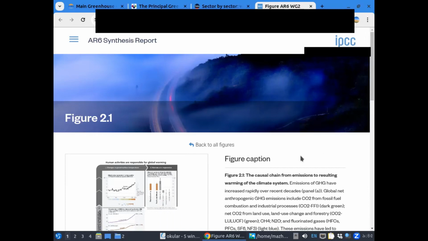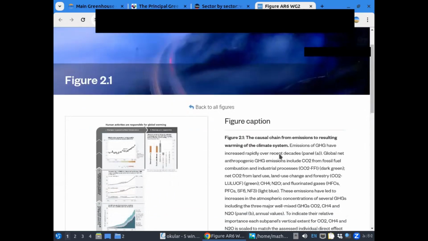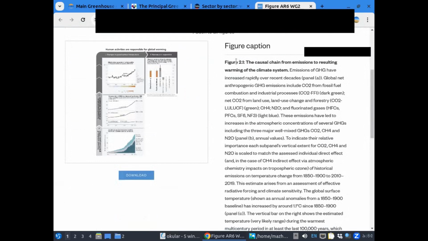There are experts from different parts of the world, and periodically they publish so-called assessment reports. The last assessment report is known as AR6, the sixth assessment report. In it, there is a figure 2.1, which is related to human activities, how global warming is happening due to human activities.